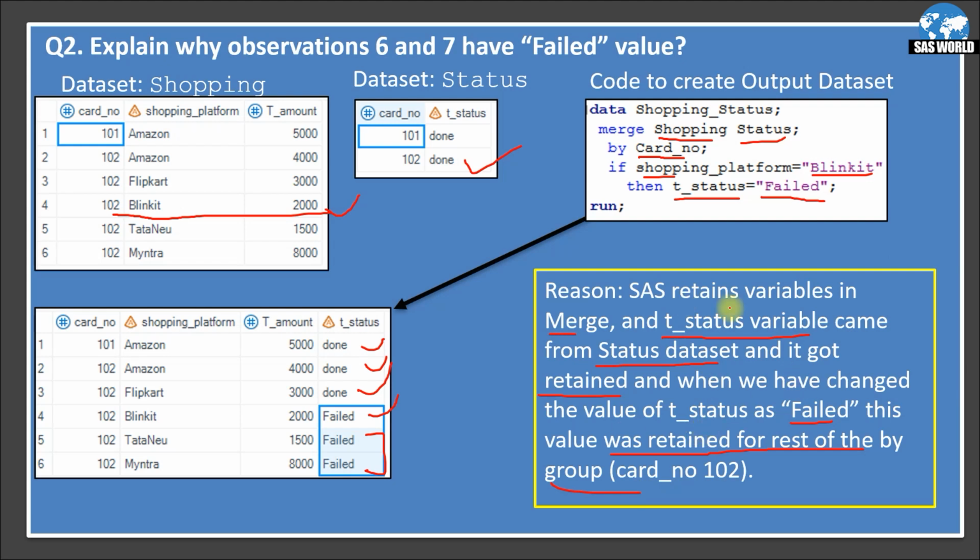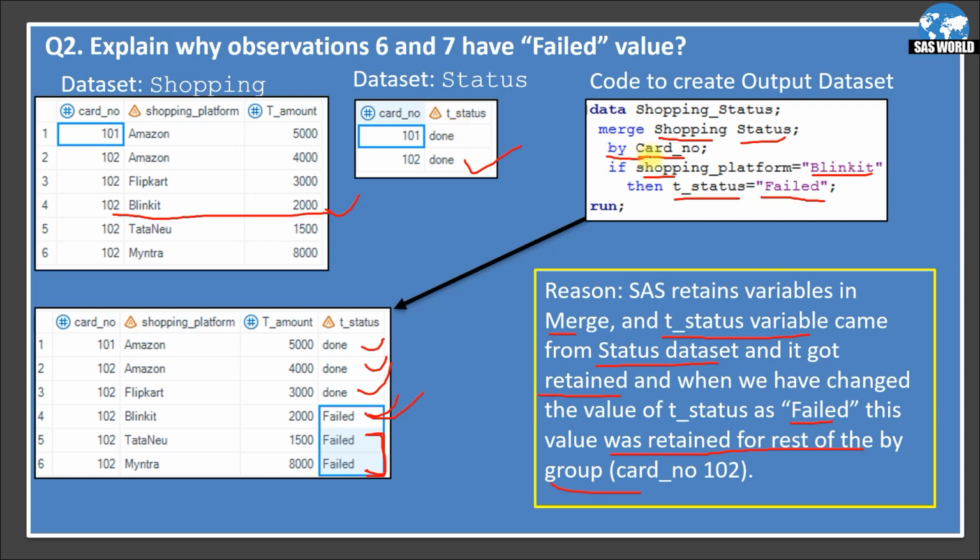In simple words, this done value of the transaction is retained in memory, and when you change this value to failed, it was retained for all the rest of the observations. That was a little technical, so I will explain it in a very simple way.